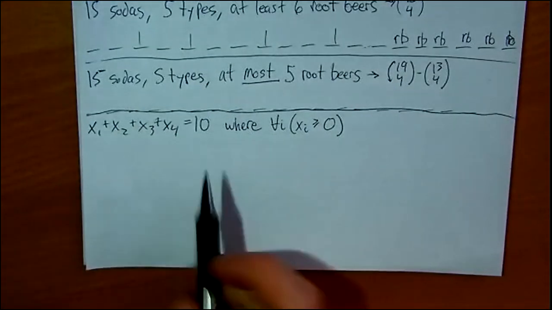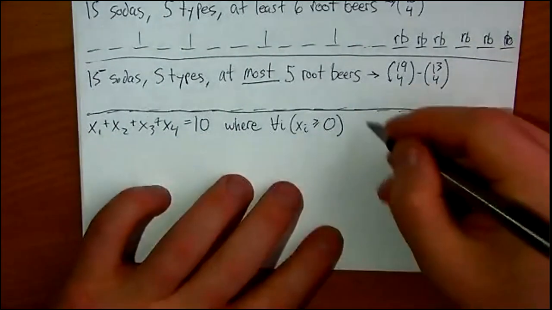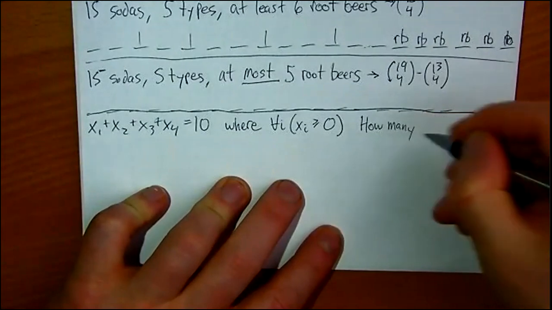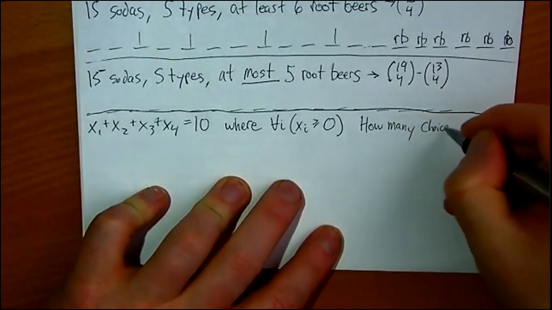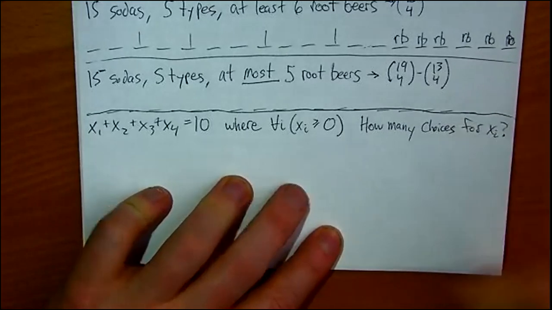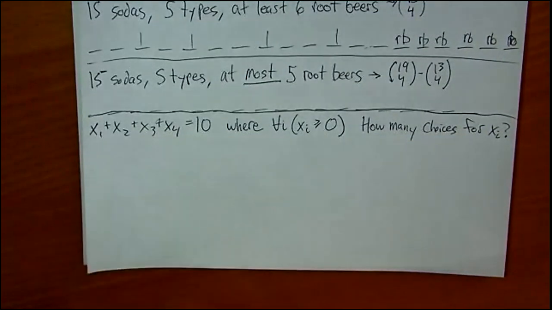And we're wondering how many different arrangements can you have for x1 through x4, right? How many choices for the x sub i? So how could I use the same idea to solve this question, do you think?